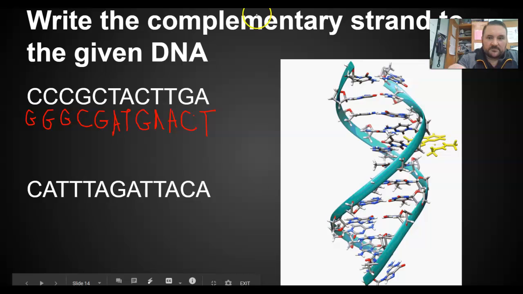Try this next one. What does C pair with?